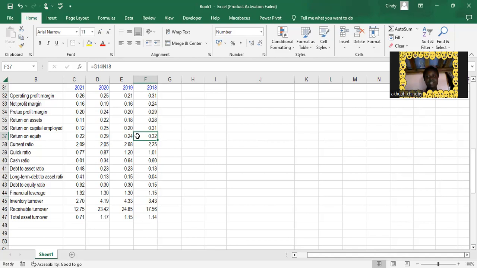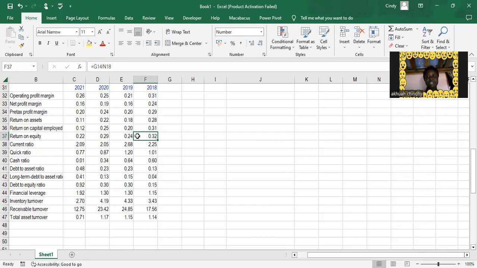So if there are 10 shares, how much profit would one share have? What's the equivalent of one share in terms of the profits the business has made?